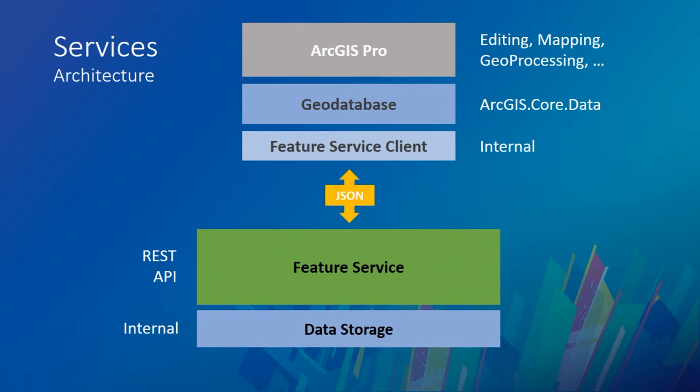And then the feature service client, this is really just an internal thing. There's no Pro SDK for that. You work with the top options, and then it just works. On the bottom box, you have the feature service that you communicate with via REST, and it also has internal communication back to the data storage.